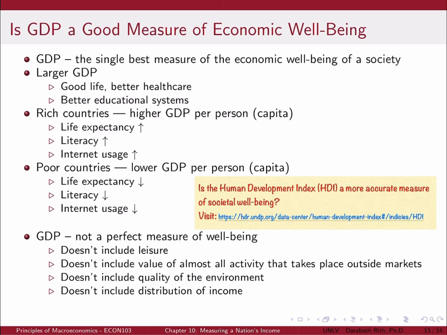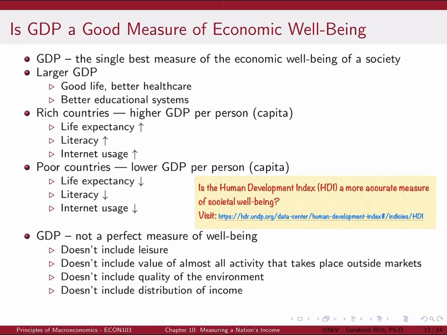For example, countries such as the United States, Canada, the United Kingdom, Australia, and members of the European Union, which have higher GDP per capita, generally display higher life expectancy, greater literacy rates, and more extensive internet access. Conversely, nations with lower GDP per capita often experience lower life expectancy, reduced literacy rates, and limited internet availability.